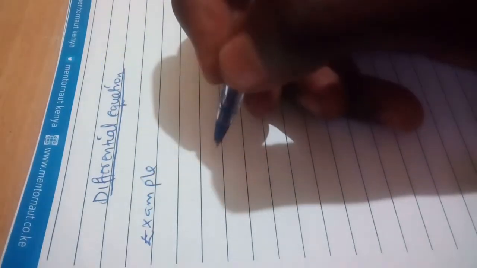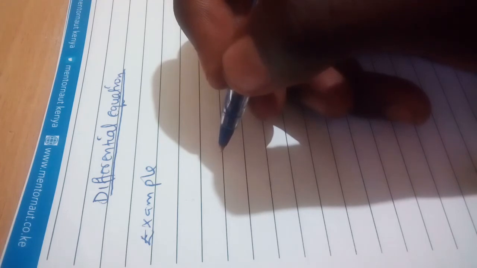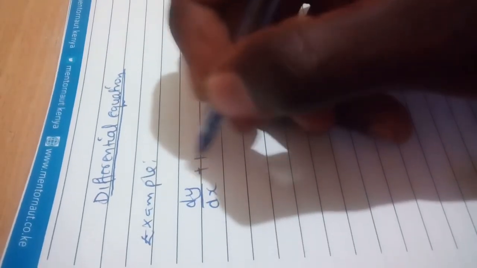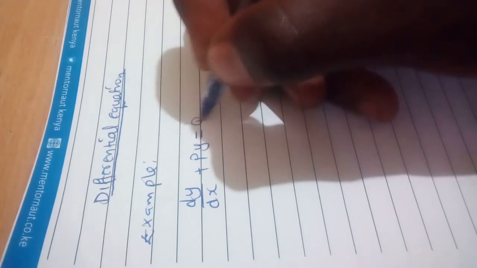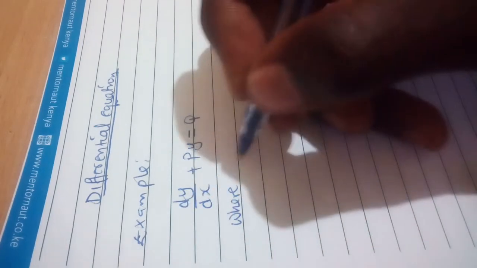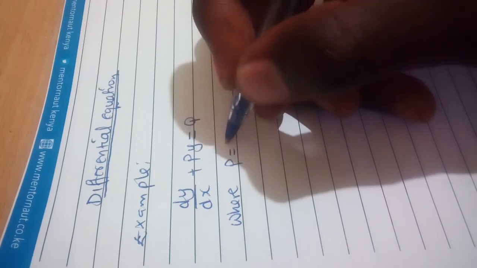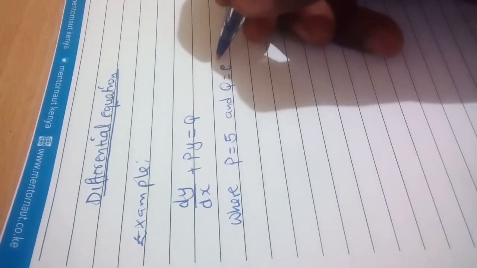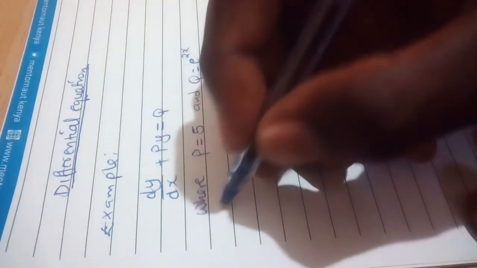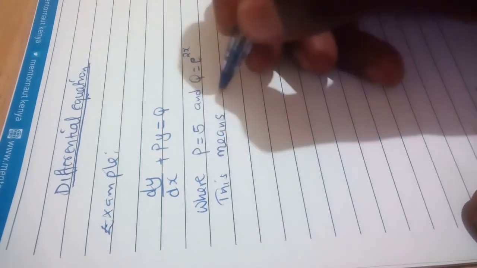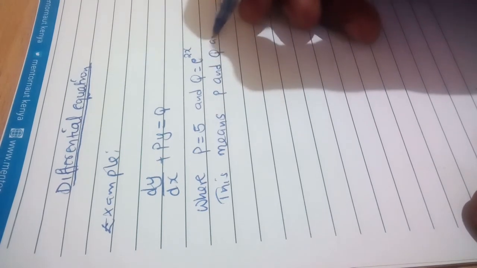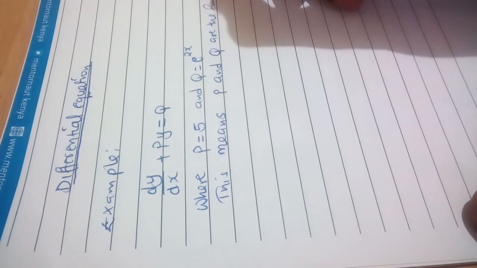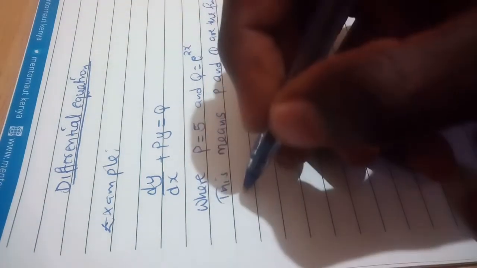We can have an example of a differential equation of the first order given as dy over dx plus py is equal to q, where p is equal to 5 and q is equal to e raised to power 2x. This means p and q are functions of x.